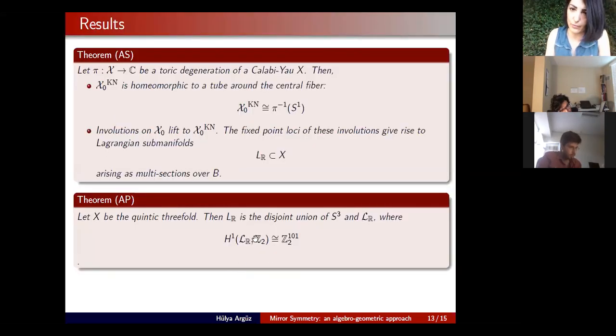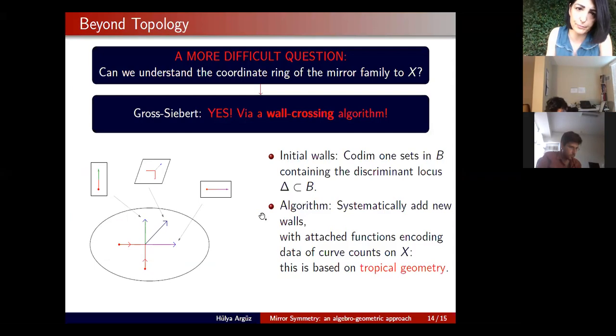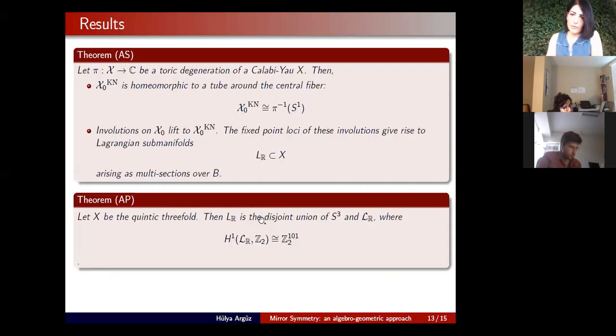So that's how the mod 2 cohomology of the Lagrangians is related to Hodge numbers of the Calabi Yaus, and there are several interesting relationships in this context.